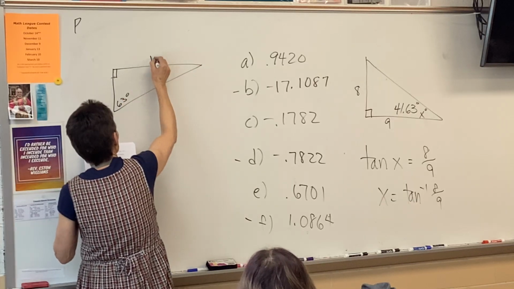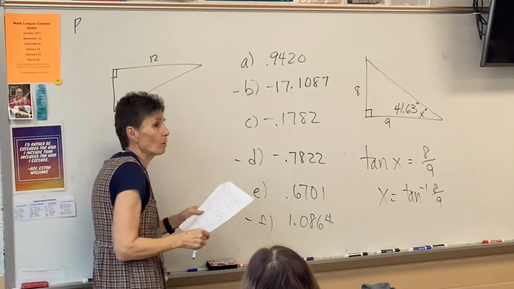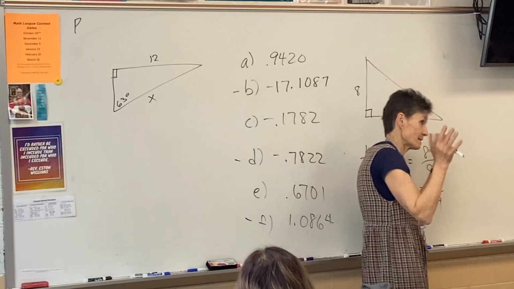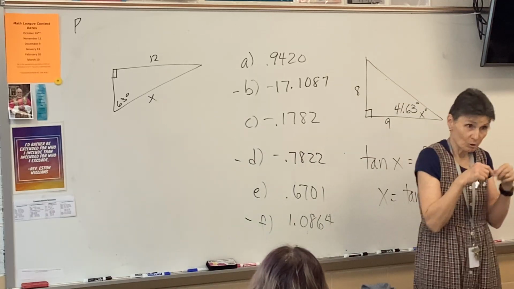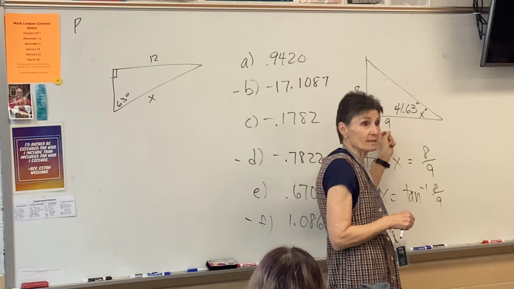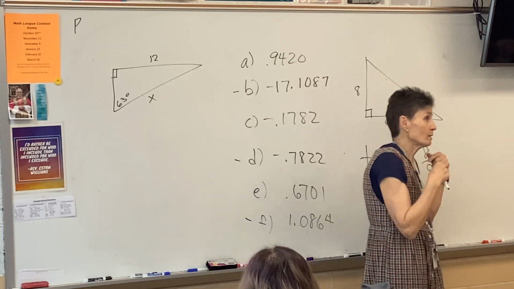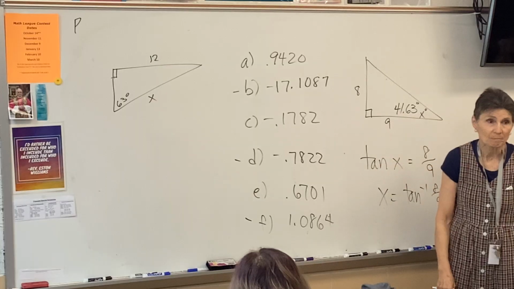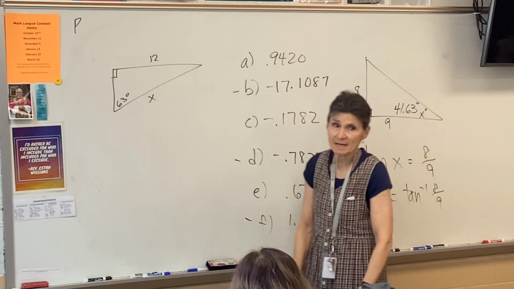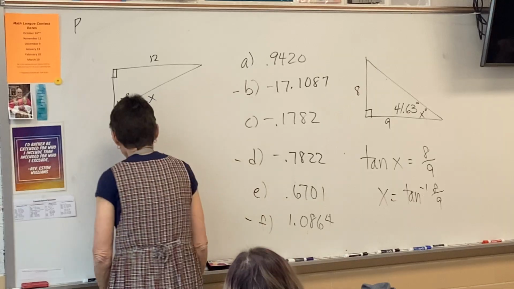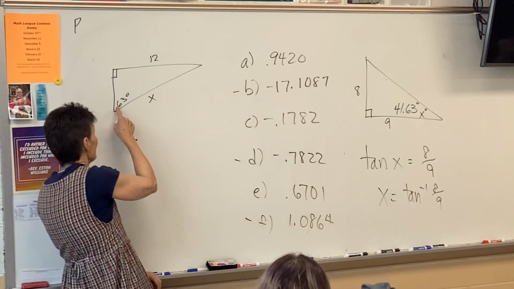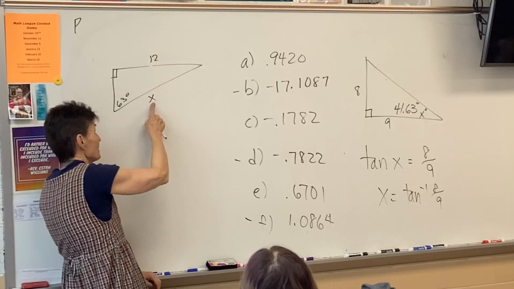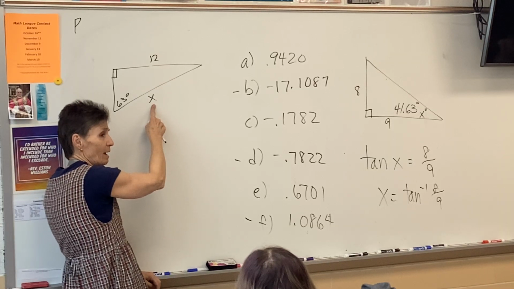This picture does not look like our normal word problem pictures, and that's okay. Whatever the picture is, that's what it is. When we're doing our word problems, they always look like this, right? But if we're given a picture, we have to use it. So this is the picture we've been given. This will be a sine, because this side right here is the opposite, and this side right here is the hypotenuse.